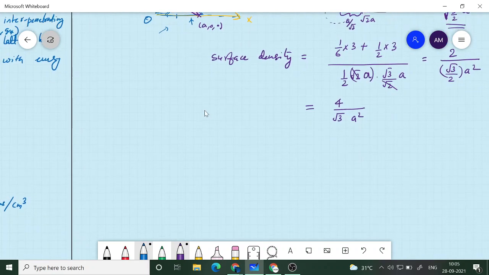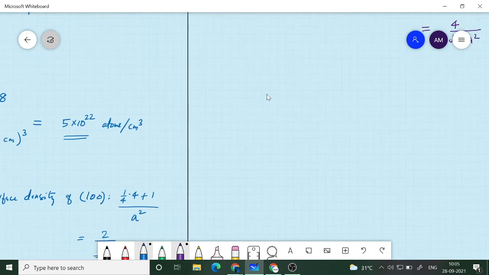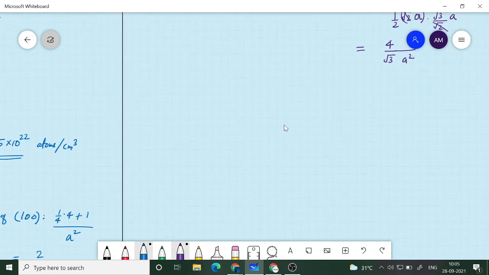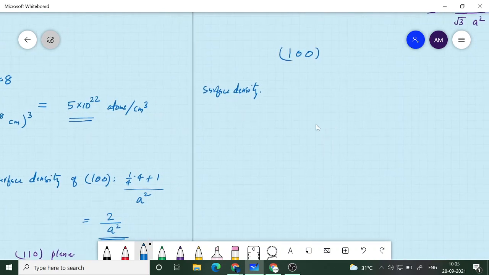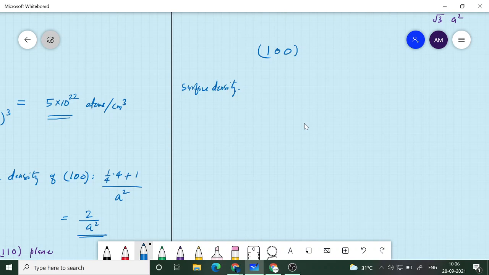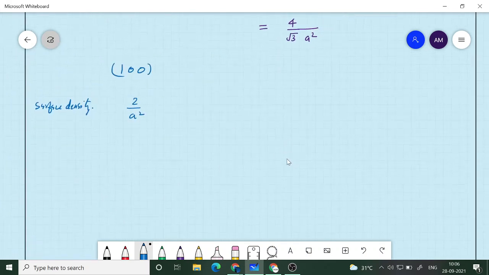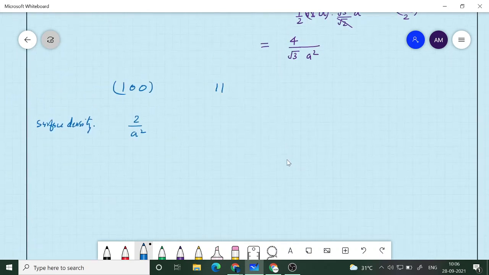So now we got 3 values of surface density. The first one was 2 by a square, so let me rewrite it. For the 1 0 0 plane, we had a surface density of 2 by a square, and then we had 2 root 2 by a square for the 1 1 0 plane.